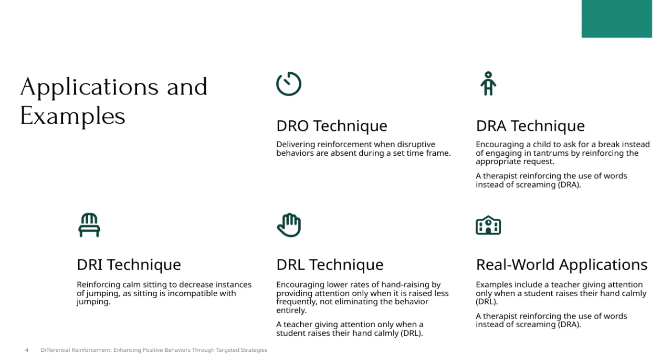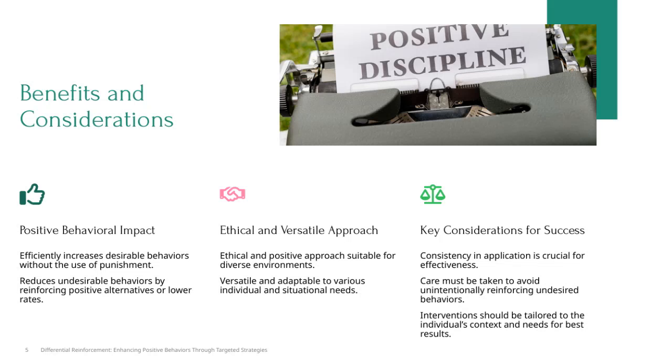A teacher, for example, might only give attention when a student raises their hand calmly, helping to reduce excessive hand raising without stopping it altogether. Lastly, these techniques are applied in real-world settings, such as classrooms and therapy sessions, illustrating how strategic reinforcement can shape more desirable behaviors effectively.